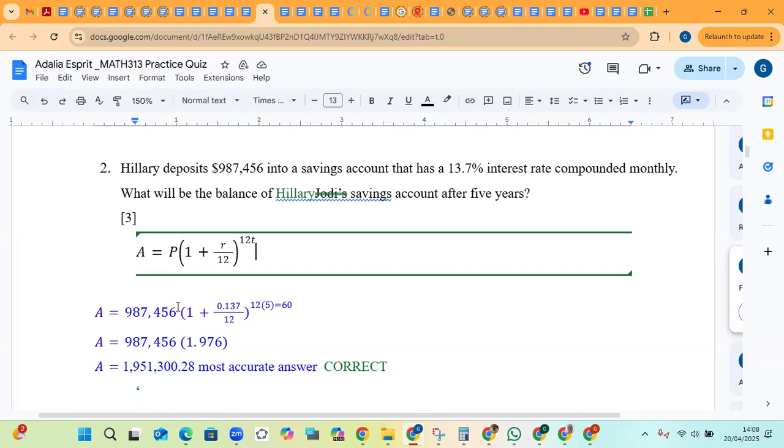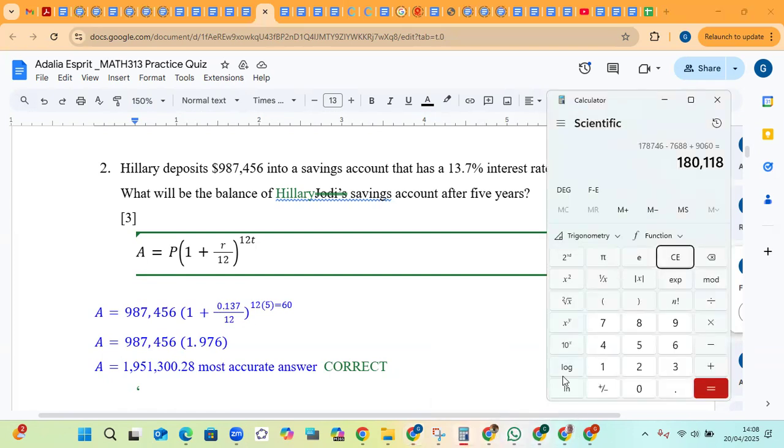So now, according to BEMDAS, we must do what is in the bracket first. Now in the bracket, we have a 0.137 divided by 12. Let's do that. 0.137 divided by 12. And let us add this to 1. Okay.